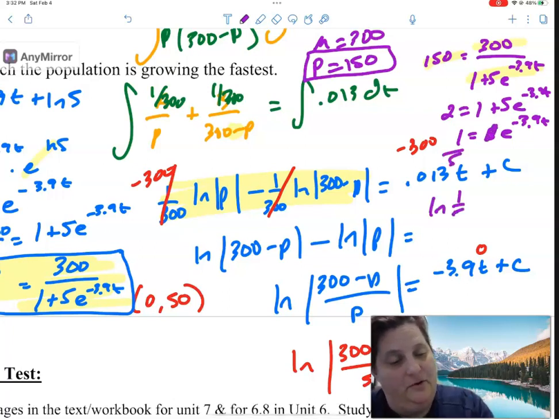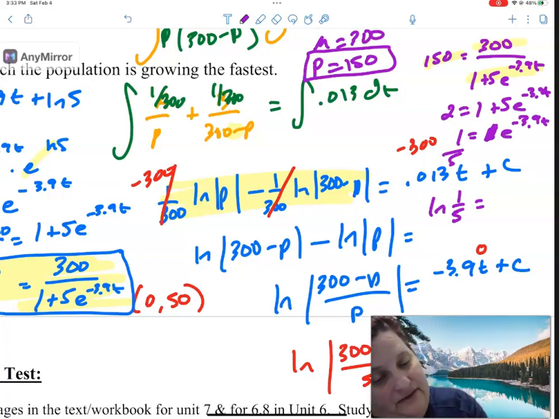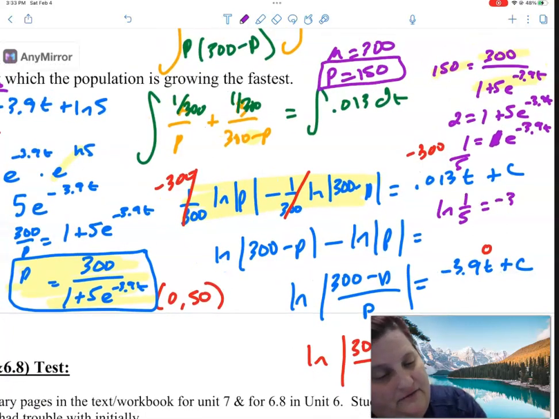I ln both sides. The ln gets rid of the e, so ln of 1/5 is negative 3.9t. So I divide by negative 3.9.